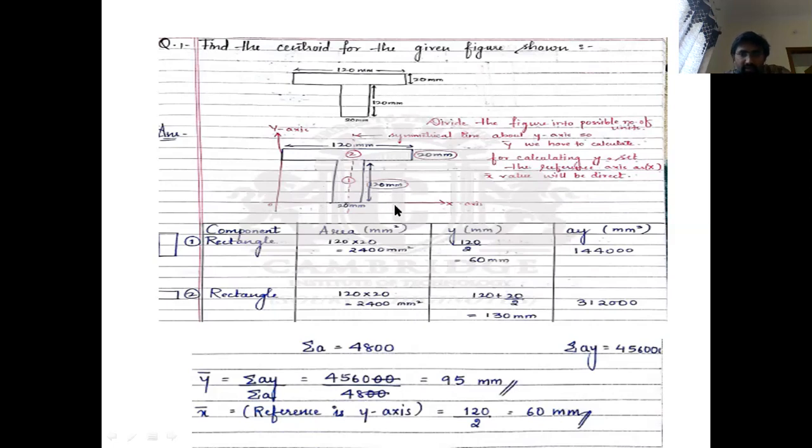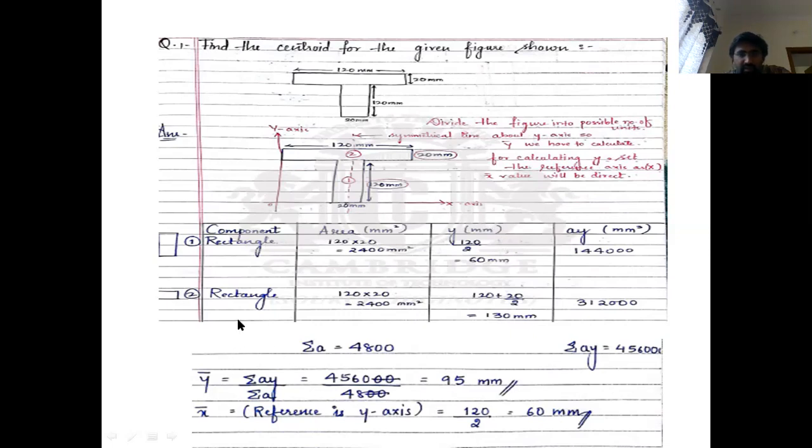For that one, I am supposed to go for the previous method, the method of moments. What I require is the summation. What is the formula? Summation of AY divided by summation of A gives you Y bar. First find out the area of the first rectangle. Similarly, find out its Y distance with reference to the horizontal reference axis, and find out the AY.